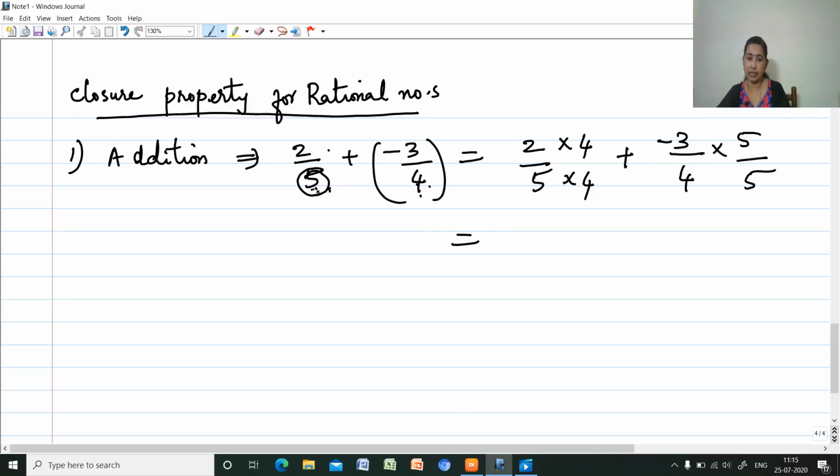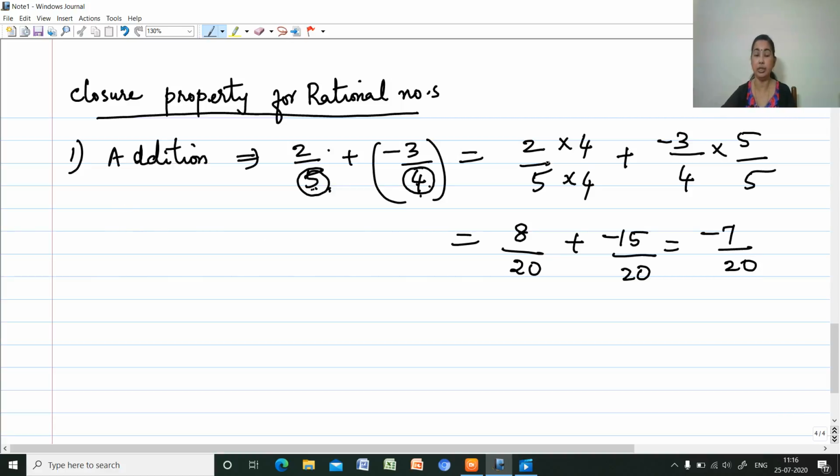For the first rational number we multiply by the other one's denominator, whereas for the second rational number we multiply by the first one's denominator. So we get 8 by 20 and minus 15 by 20, and adding this gives minus 7 by 20.